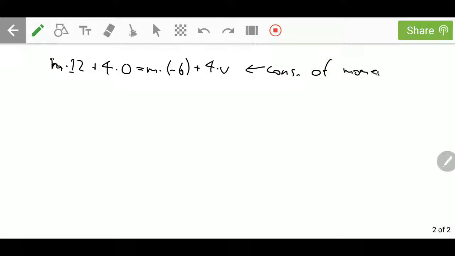Then, for elastic collisions, this is something that deserves explaining in a video of its own, but there's an equation which basically states that the relative velocity of one object relative to the other stays the same in magnitude but changes sign.